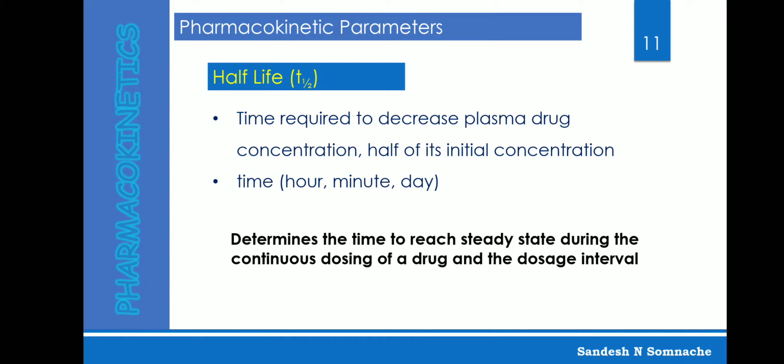It helps to determine the time to reach steady state plasma drug concentration. Generally 3 biological half-lives are required during continuous dosing, and the dosing interval, meaning how much time should pass before we give the next dose, can be determined by using biological half-life.